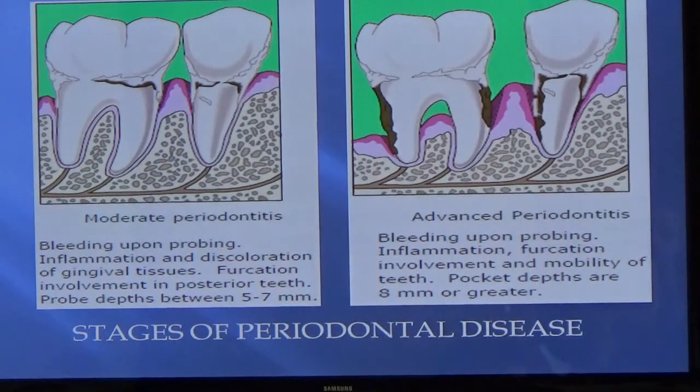They find it in low birth weight babies nowadays. They're linking it to all kinds of stuff now. So even though we're just dealing with teeth and gum disease, it's affecting your whole system.